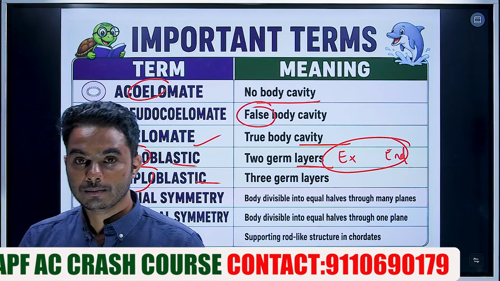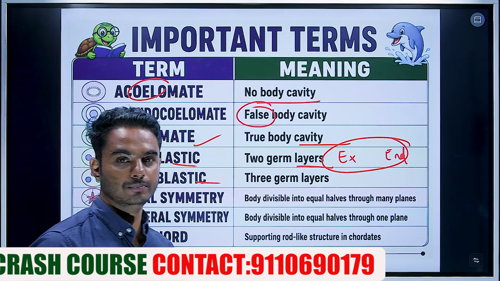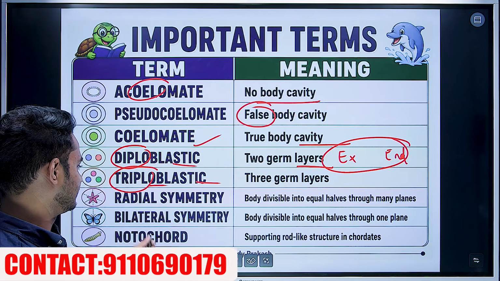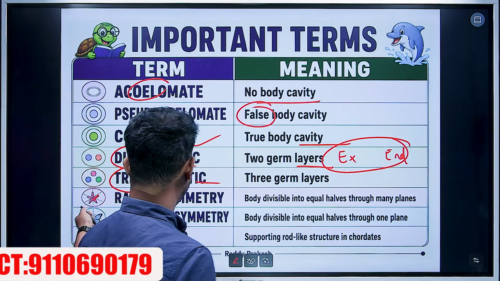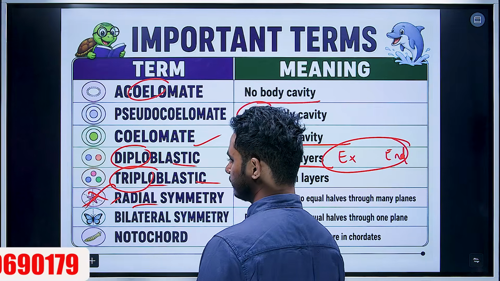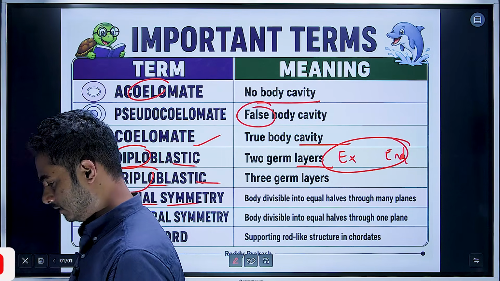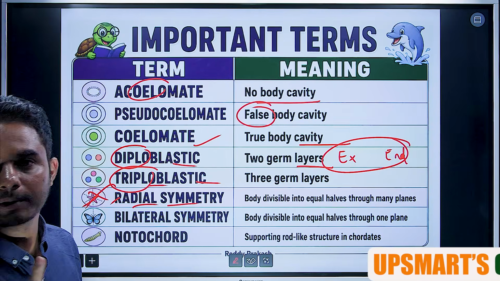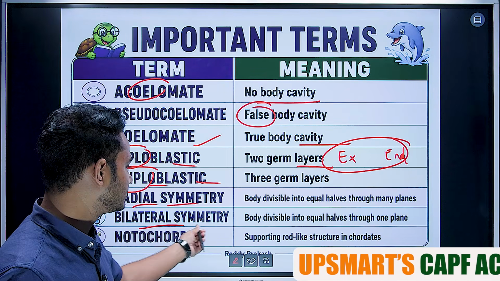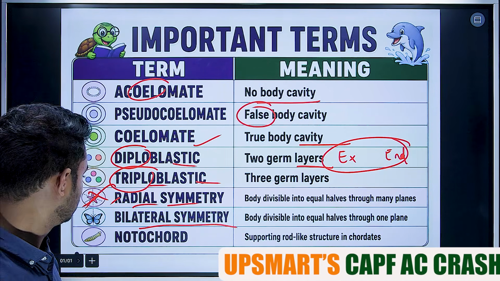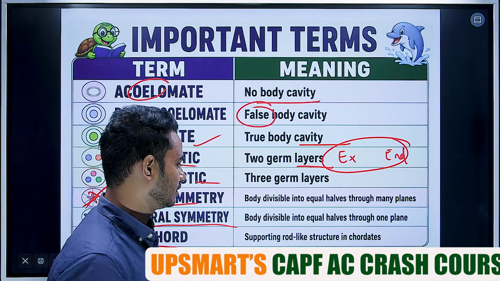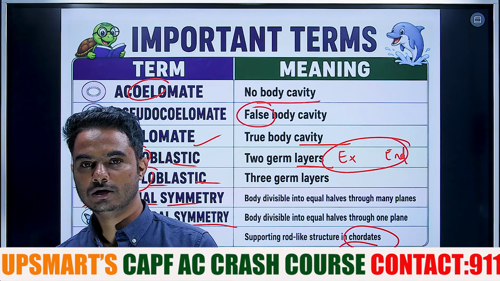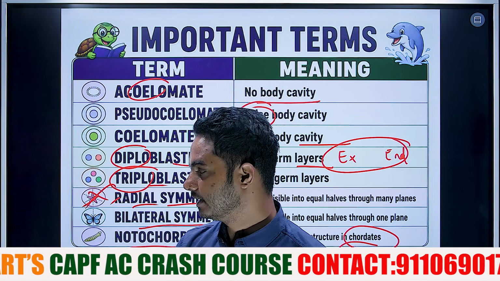If they have meso germ layer, then it is called triploblastic. Next is radial symmetry. You can divide a starfish into 2 equal halves from any plane, then it is radial symmetry. You can divide a butterfly into 2 equal halves in only one particular plane, then it is called bilateral symmetry, many names. Next is notochord. A supporting rod-like structure in chordates will be there, that is called notochord. Easy, right? Easy terms.